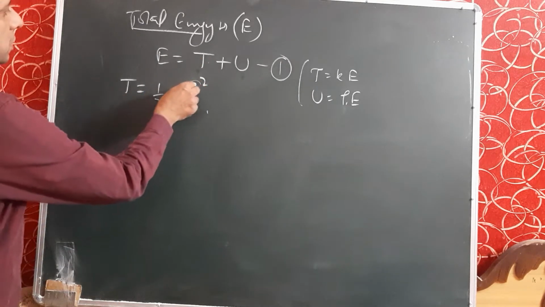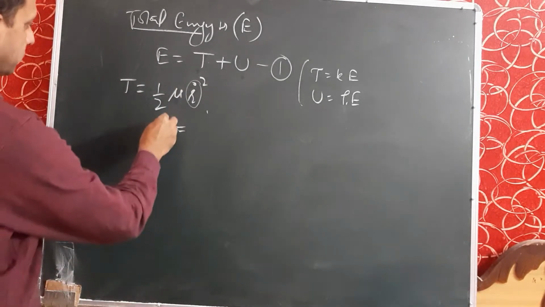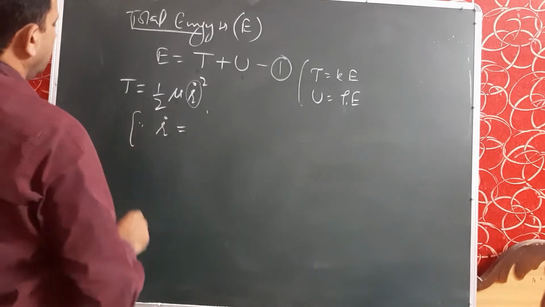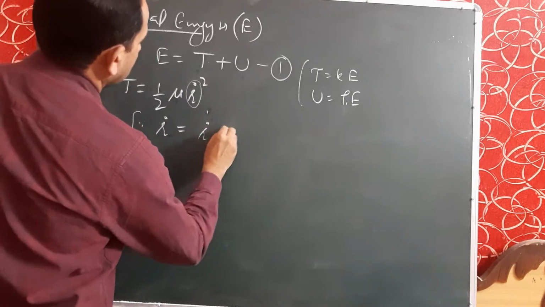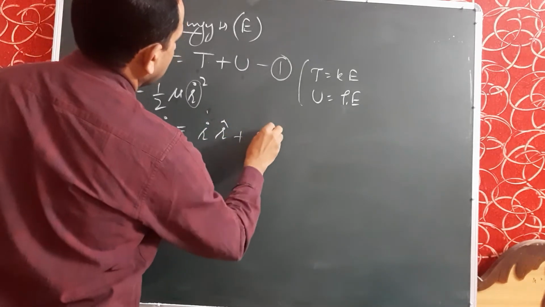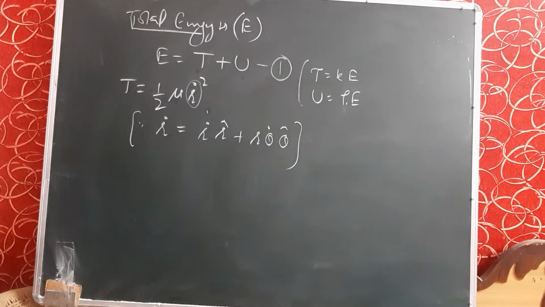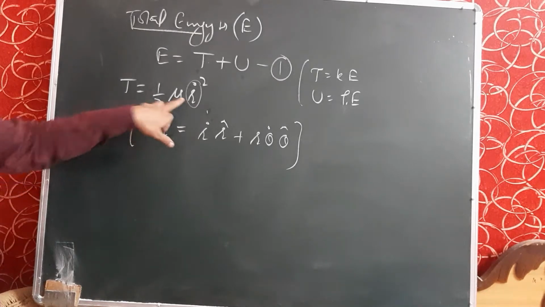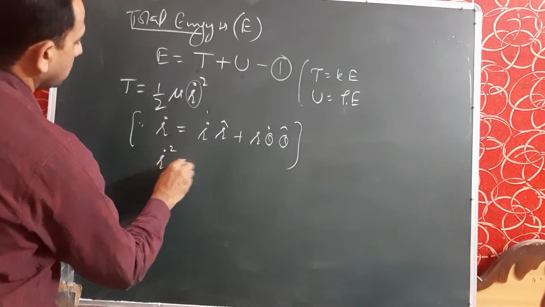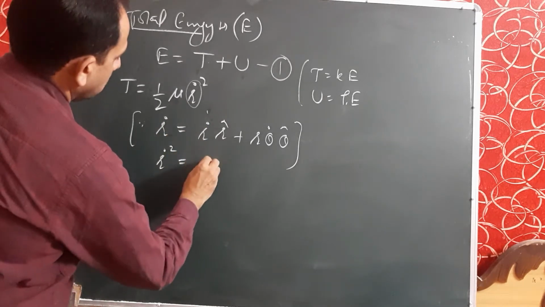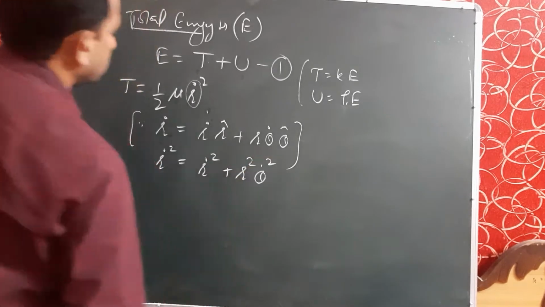Now we will put the value of r dot from the plane polar system. We know that in the plane polar system, r dot vector is equal to r dot r cap plus r theta dot theta cap. When we take the magnitude of this velocity, it becomes r dot square plus r square theta dot square.